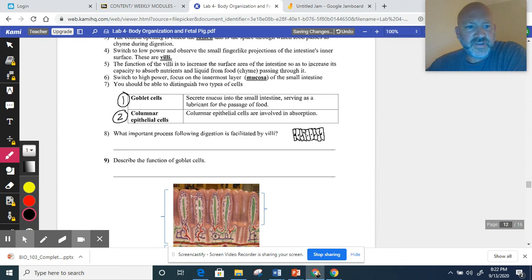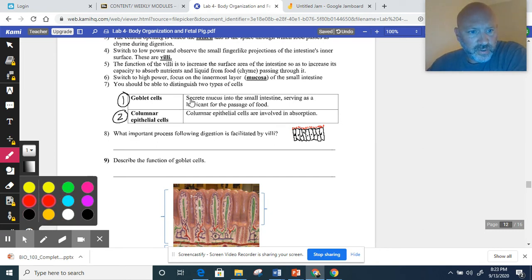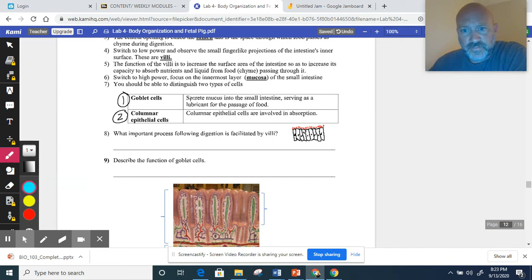One unique feature that columnar cells have are these little microscopic hairs that go along the top edge. We refer to those as microvilli, and they even further increase the surface area for absorbing nutrients. All along the villi, we would have these other specialized cells embedded in between here.